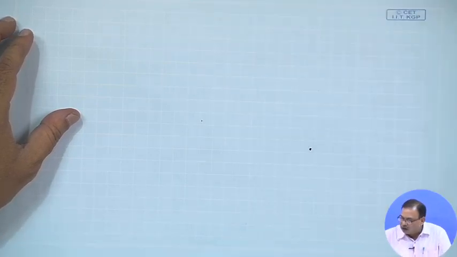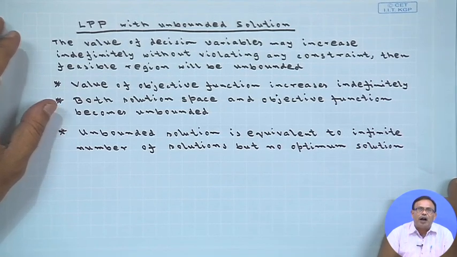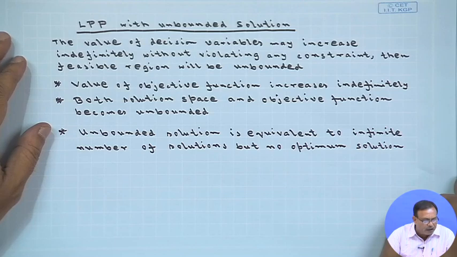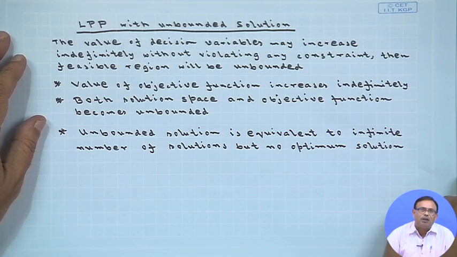And the last one is LPP with an unbounded solution. Please note that the values of decision variables may increase indefinitely without violating any constraint, as we have shown earlier. In that case, the value of the objective function increases indefinitely. Both the solution space and the objective function become unbounded, and an unbounded solution is equivalent to an infinite number of solutions, but no optimum solution.